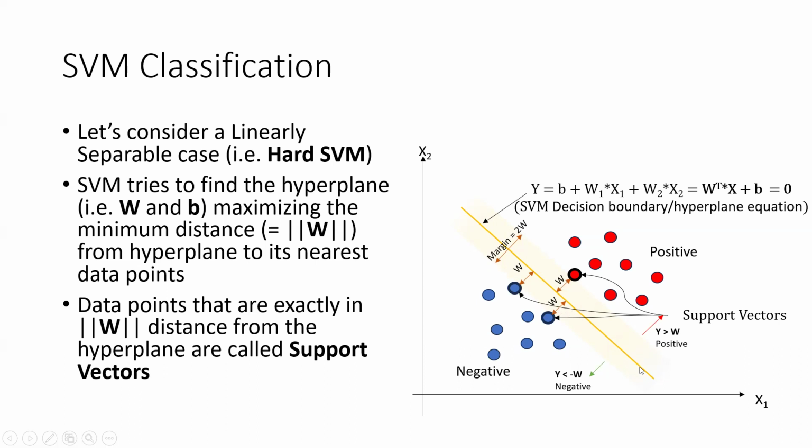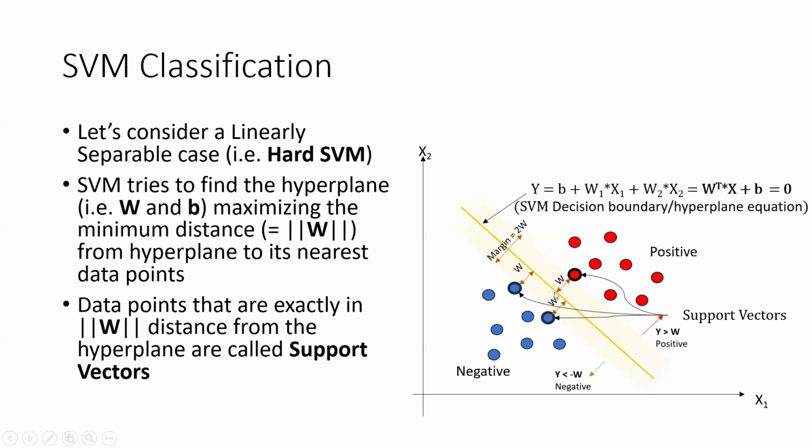So once you find this decision boundary, the closest data points, also known as support vectors, will have an equal distance from the decision boundary.